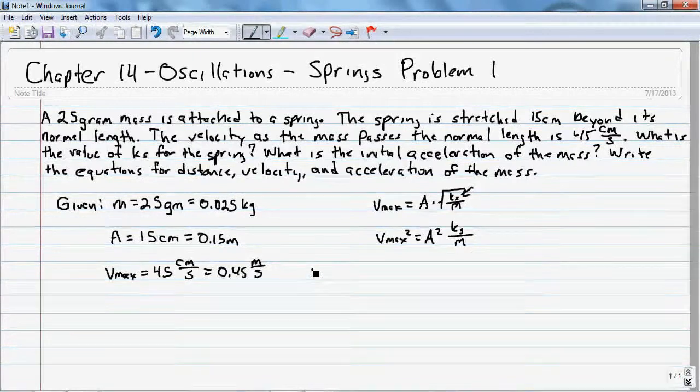So the K of the spring is equal to the mass times the velocity max over A, and that's going to be squared.